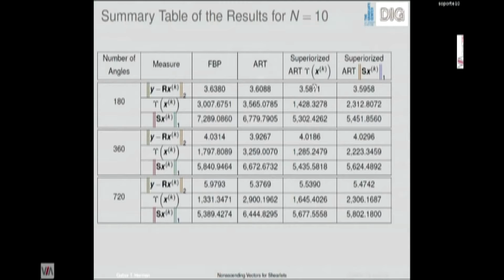But in fact, if I use the supervised algorithm for TV, it actually gives me a smaller L1 norm of the Shearlet transform. So something is not working out exactly as we would have liked it to, and in fact, this is the same for any one of these numbers of projections.